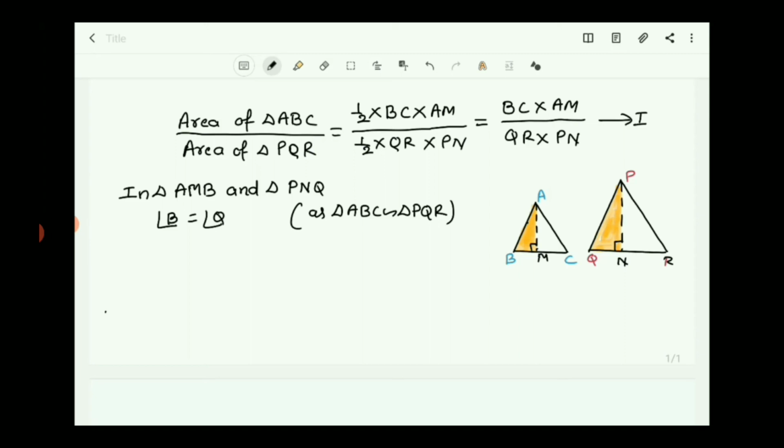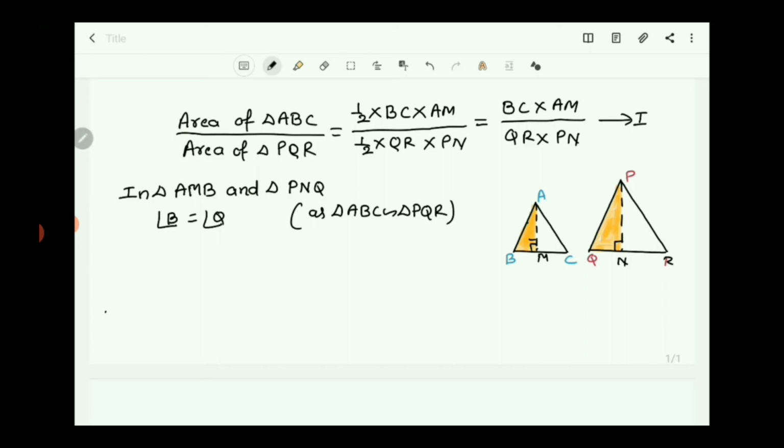That is, indirectly it is given here. Next, you write angle AMB. You know that as AM is perpendicular to BC, angle AMB is 90 degrees, and also in triangle PQR, PN is perpendicular to QR. Therefore, angle PNQ is also equal to 90 degrees.